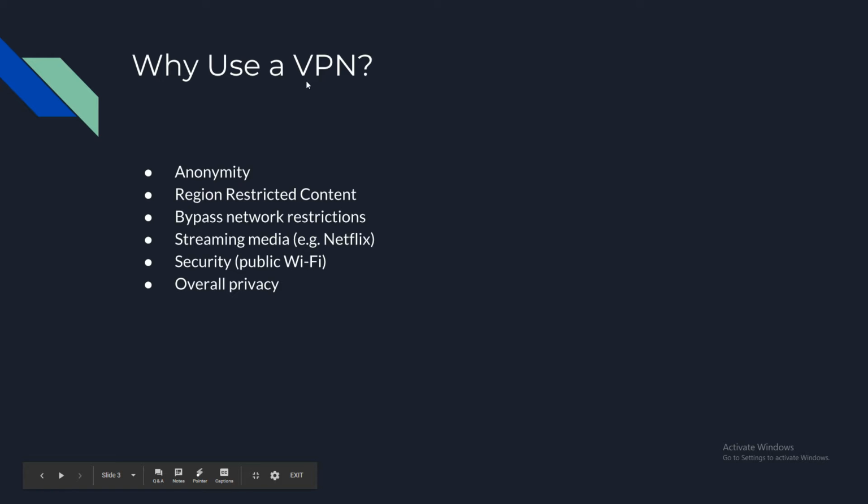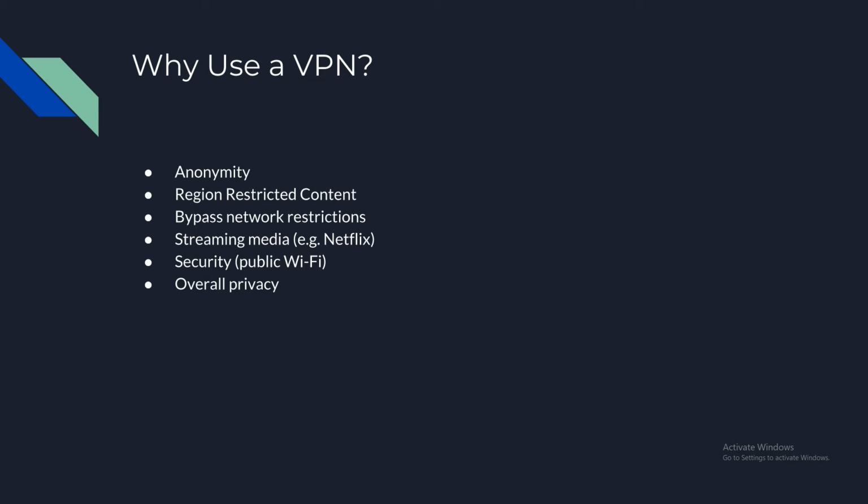And then why you would want to use a VPN, there's obviously a lot of reasons why. Being anonymous is definitely the big one. That's why most people will probably use it. But also there's region restricted content. So people around the world use VPNs. So like if their government has censorship, that's a way that they can get around that.